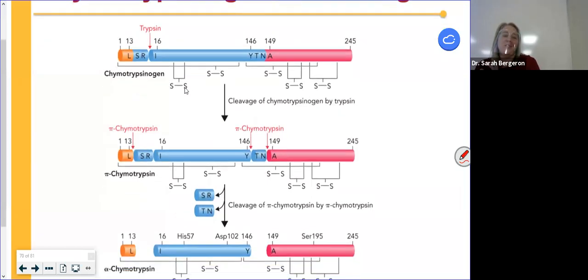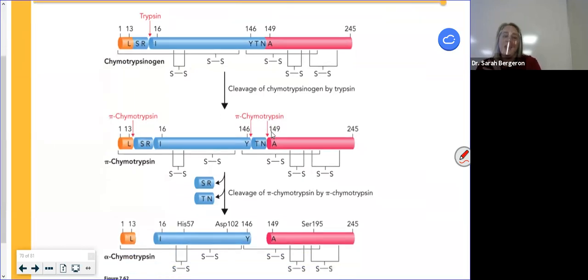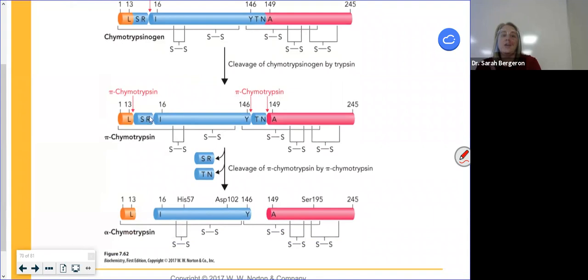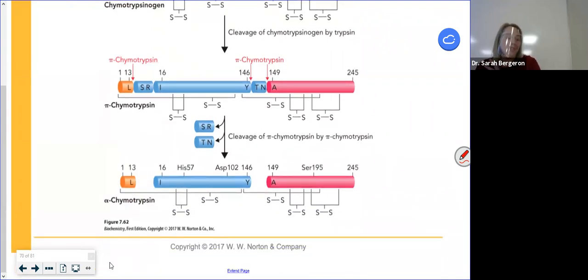Some of these words get crazy, right? You can cleave it, and when you cleave it, you make different products that do different things. In this case, you need multiple cleavage events in order to generate active enzymes that will actually break down the food. So I want to show you the animation of this one.